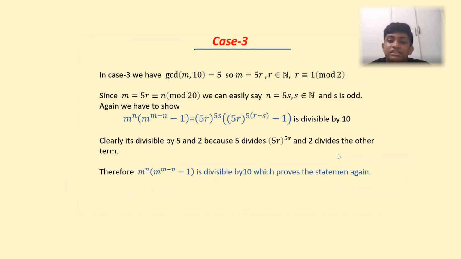Now, in this case, this expression is basically (5r) to the power 5s into (5r) to the power 5(r minus s) minus 1. Now, clearly, this is divisible by 5 and also 2 because the first term, (5r) to the power 5s, is divisible by 5 and the other term is divisible by 2. So, therefore, m to the power n into m to the power m minus n minus 1 is also divisible by 10.